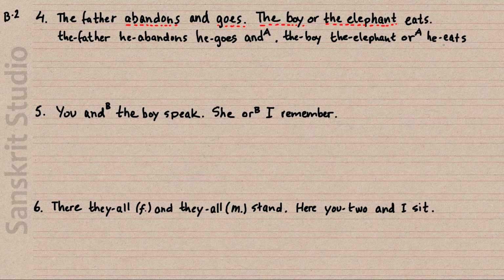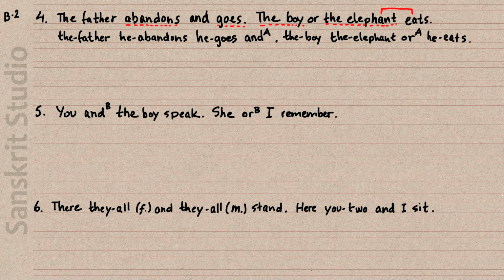It doesn't refer to the boy. It refers to the closest subject to the verb, which is the elephant. So the elephant is the one which specifies the conjunction of the verb.